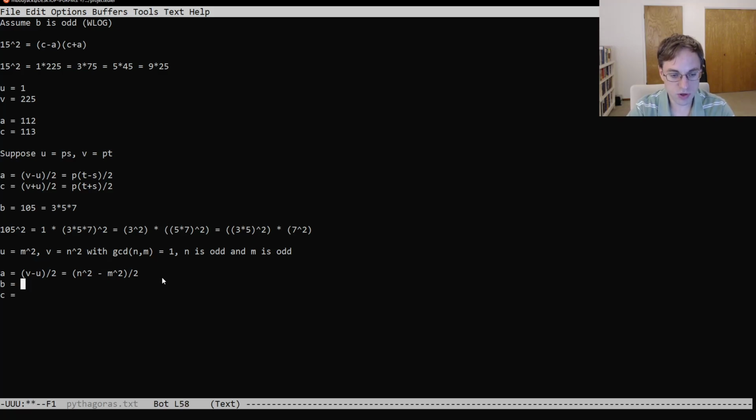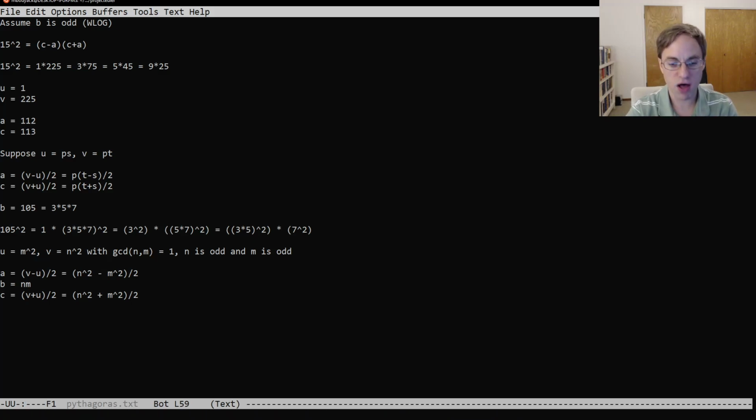You'll recall that b squared is equal to u times v, which is n squared m squared. So then we can just take the square root of both sides and find that b is equal to n times m. Similarly, we can calculate c, and we get v plus u over 2 is equal to n squared plus m squared over 2.